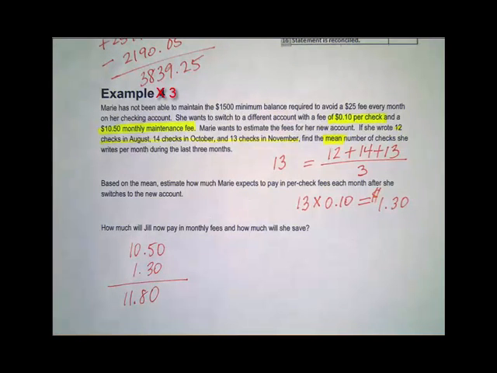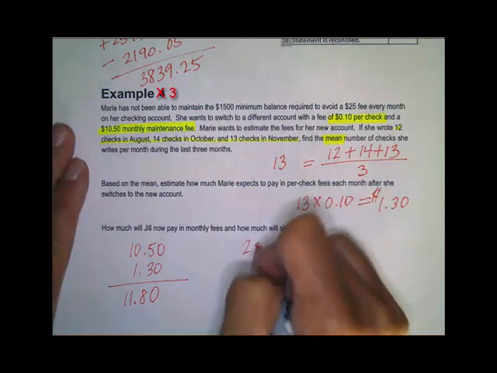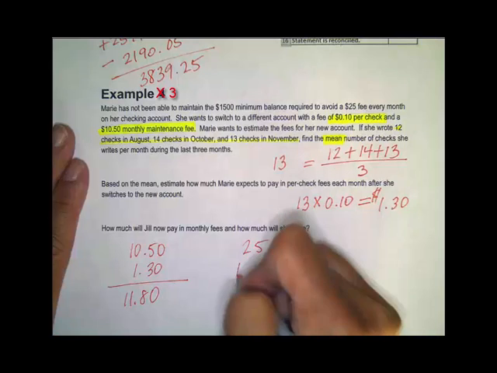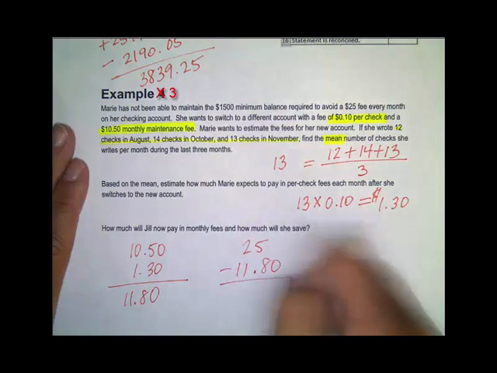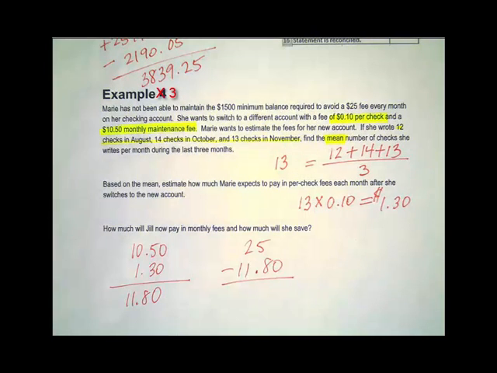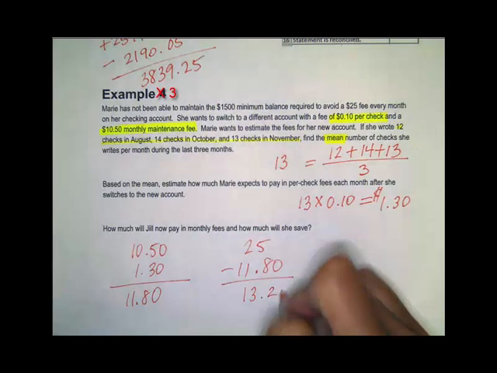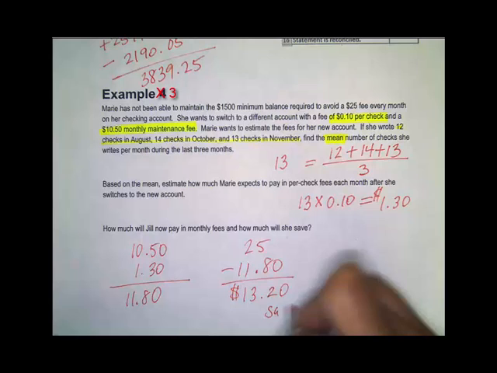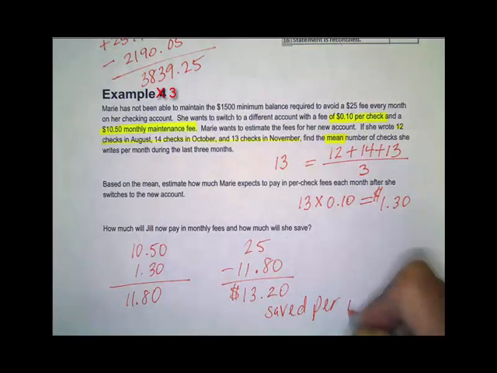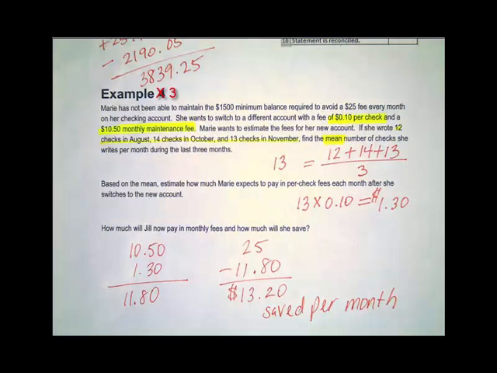Well, if she was going to be charged $25 and now she's only going to be charged $11.80, what's that difference? So make sure you have your calculator, pause and plug it in. So you should get $13.20 saved per month. Now again, that's only if she uses 13 checks.